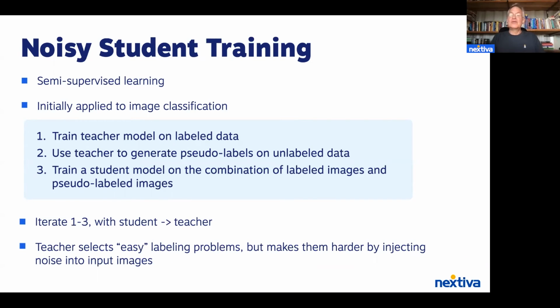So you do two things. First of all, you're very selective in the pseudo labeled examples that you add to the augmented data. And secondly, you inject noise into the data that the student gets. So the student is not getting the raw input, it's getting input that has some noise injected into it. And so those are the two things that are different.